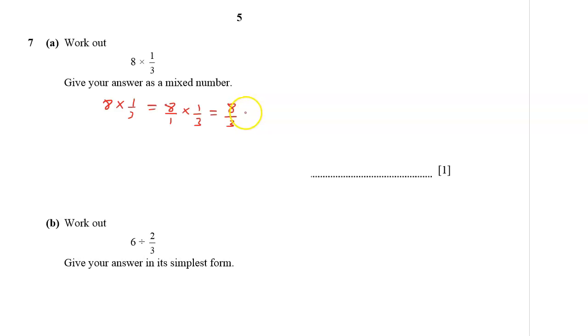Therefore, this is an improper fraction. For a mixed number, how many times does 3 go into 8? 3 goes into 8 2 times. 3 times 2 is 6, 8 minus 6 remainder 2. So 2 and 2/3 is the mixed number when you multiply 8 times a third.